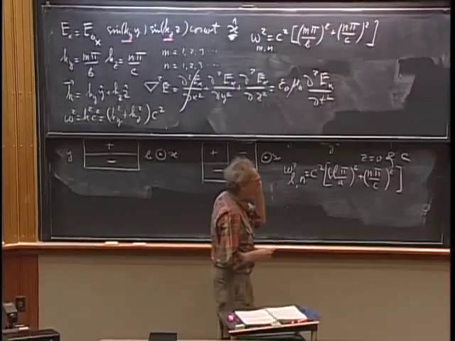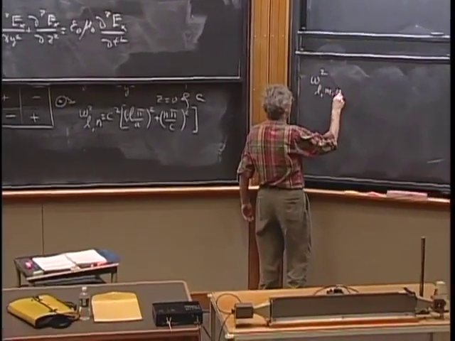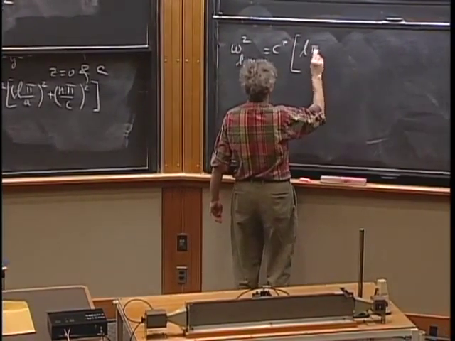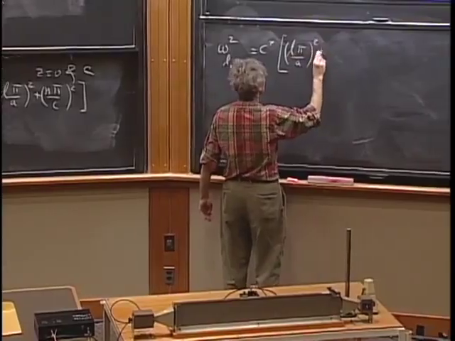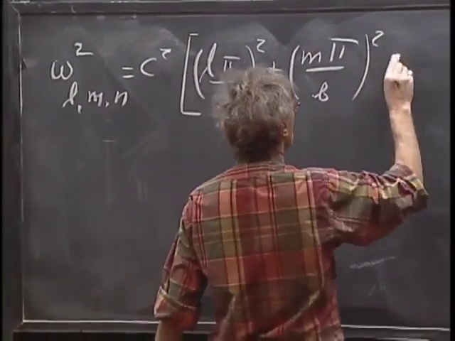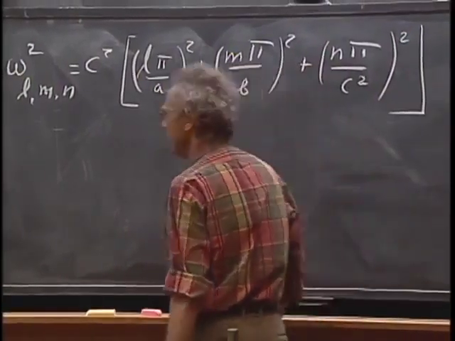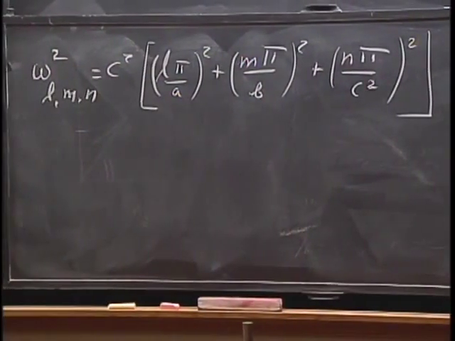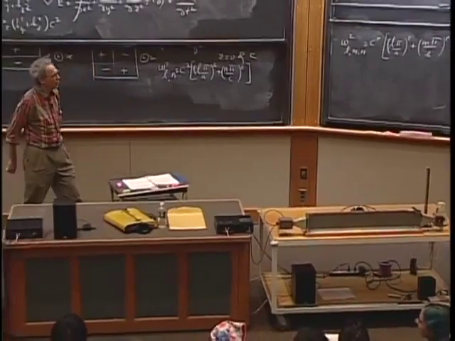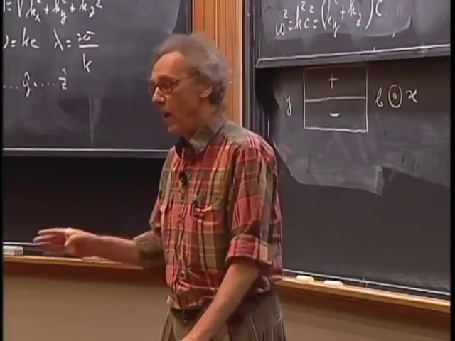But now I say, aha, if I make omega squared L m n equal to c squared times (L pi over a) squared plus (M pi over b) squared plus (N pi over c) squared, then I can have an E vector which is in some random direction, well maybe not too random because I have to meet this condition, and now I have a whole family of infinite number of resonance frequencies which are not only E vectors in x, y, or in z direction.